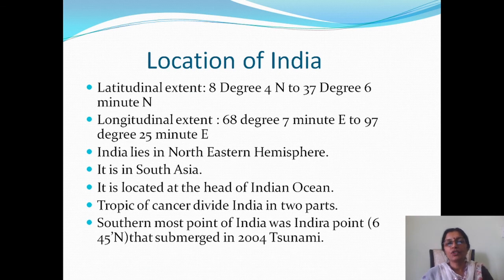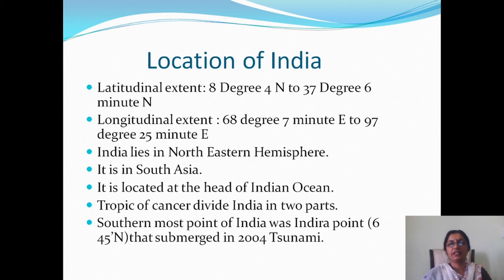Now location of India. India is located at the head of Indian Ocean. It lies in southern part of Asia. It is situated above equator, that's why it is in northern hemisphere. It is situated to the east of prime meridian, so it's in eastern hemisphere.